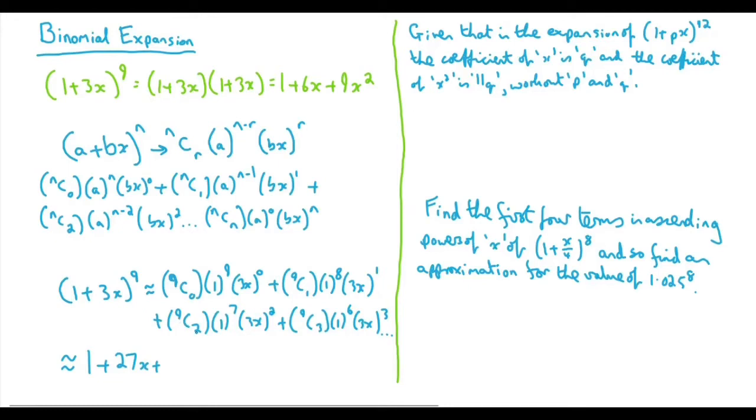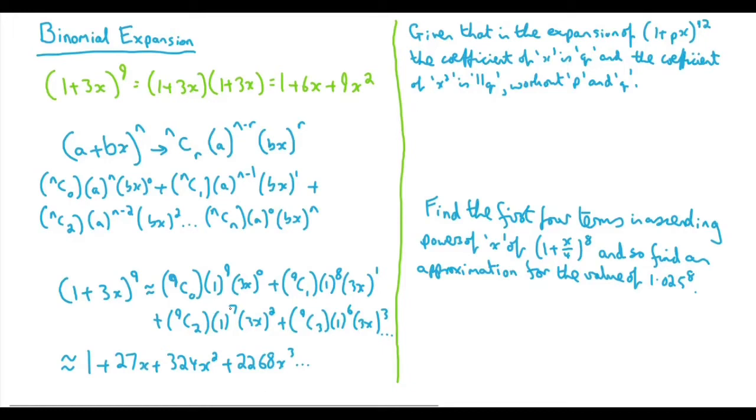And here, 9 choose 2 times 1 to the 7 times 3 squared, that gives us 324x squared. And finally, 9 choose 3 times 1 to the power of 6 times 3 to the power of 3 is 2,268, with x then being cubed. And again, that would keep on going.